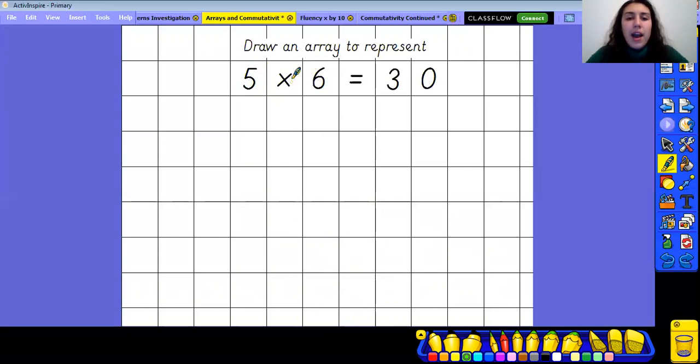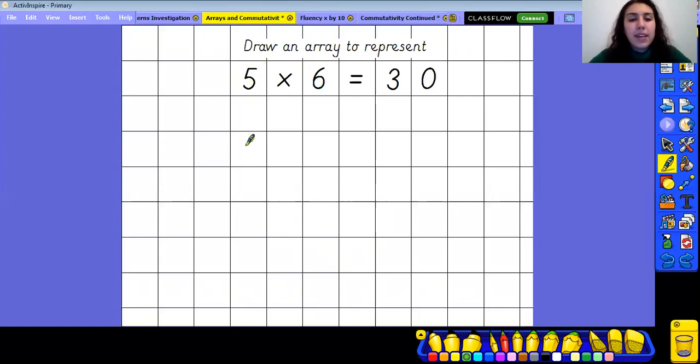Now remember, our groups this time could be groups going down or groups going across. So I'm going to have 5 groups, and in each group I'm going to have 6. Or I could have 6 groups, and in each of those groups I could have 5, and that's because multiplication is commutative and I could do it in any order that I liked.